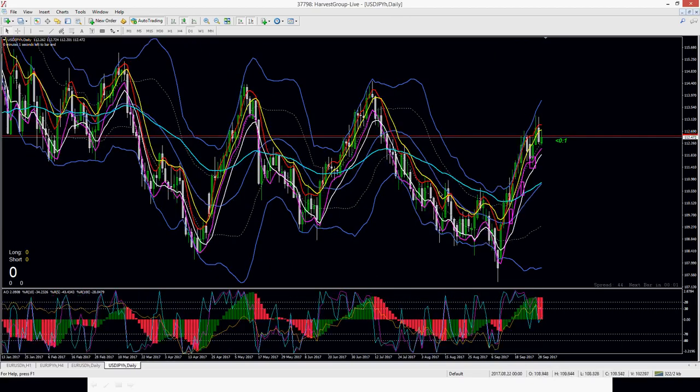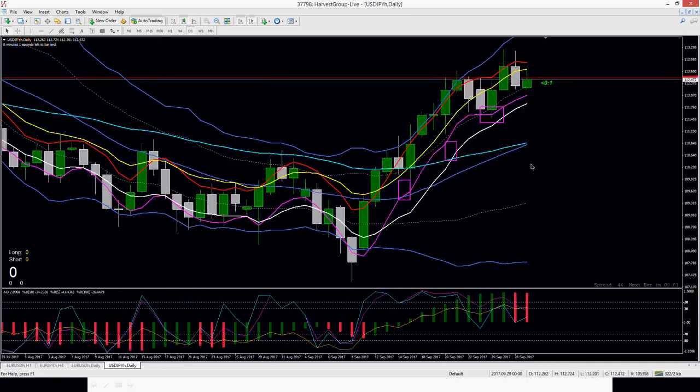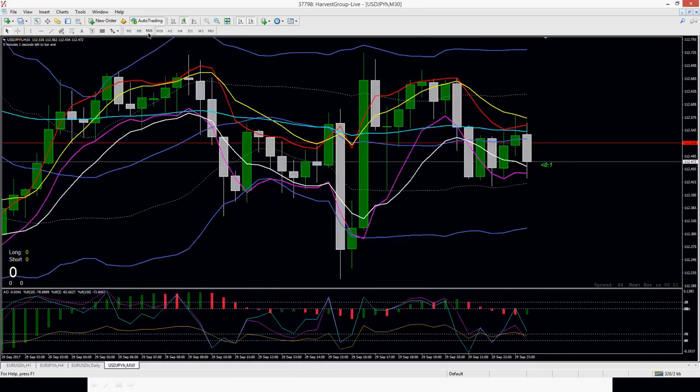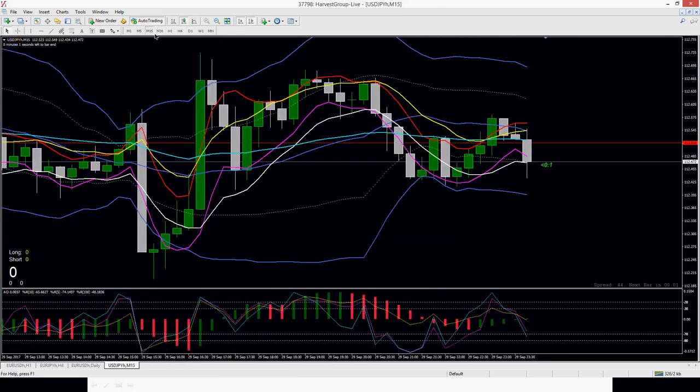Okay, so there are three possibilities of re-entries on a daily basis. So the first one here and second one. Okay, the first one was actually for H4. Sorry, the second one was actually for H4. So you can see there's a possibility that the price might be going towards Malo 5 and 10 of daily. So this sell setup on lower time frames might be going for that particular target.